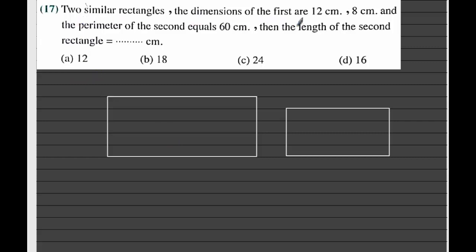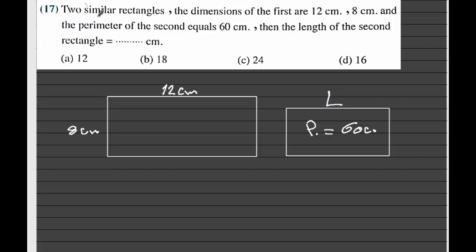Here the dimensions of the first are 12 centimeters and 8 centimeters. And the perimeter of the second is 60 centimeters. What is the value of the length of the second rectangle? I'll denote it by the symbol L.